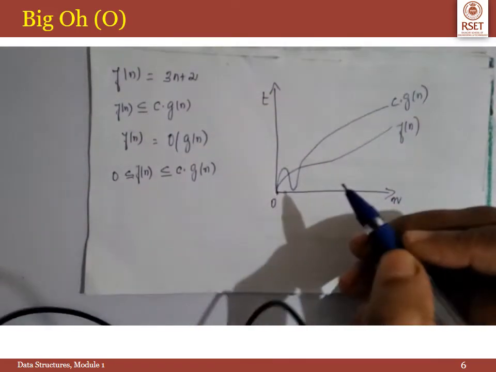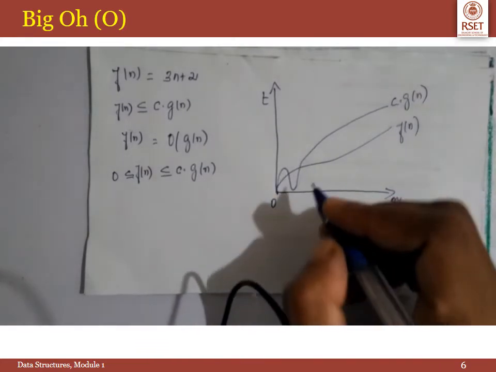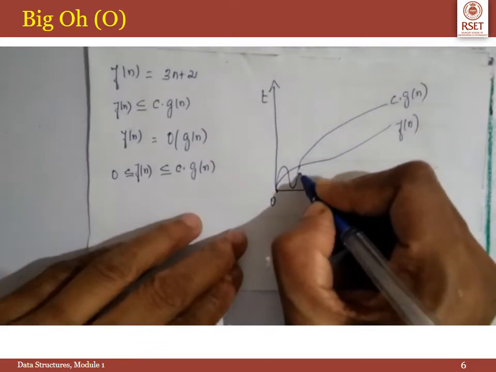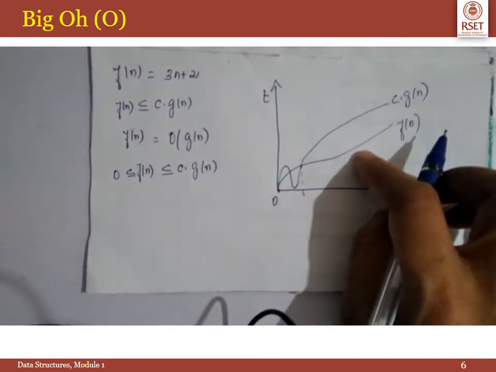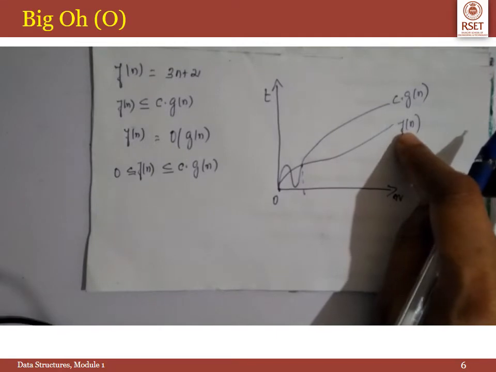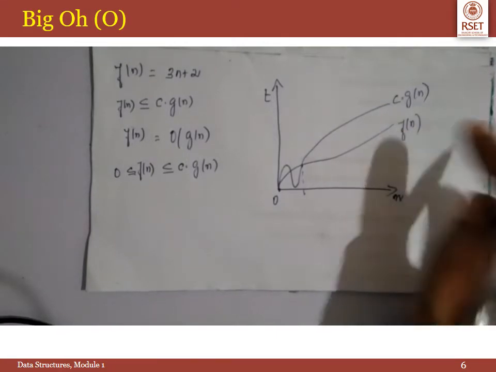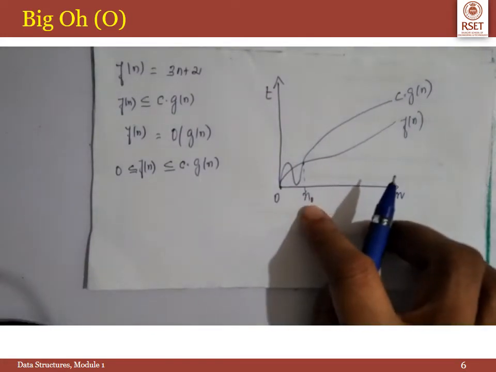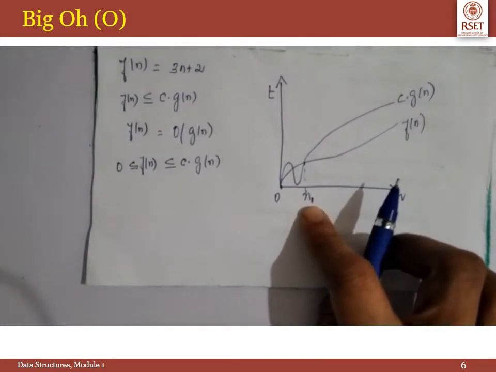Now when you observe this function, we can see that for larger values of n, that is exactly from this point onwards, my function c into g of n is lying above the function f of n. Right? Now this particular point, suppose I name it as n0, is called the break-even point.